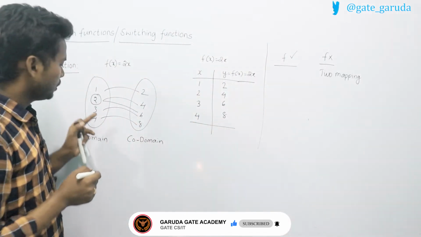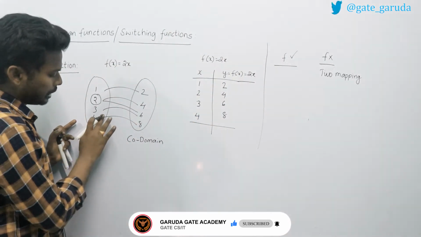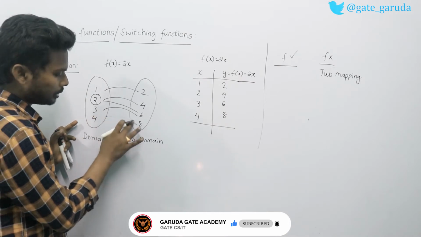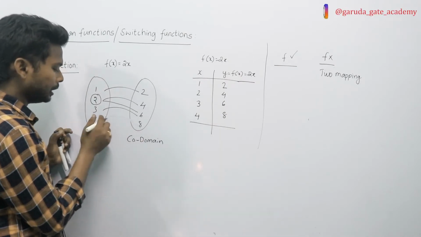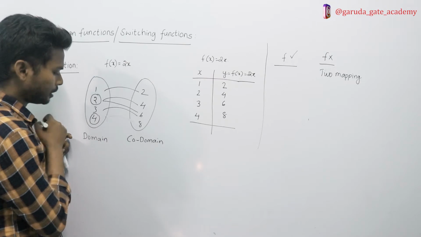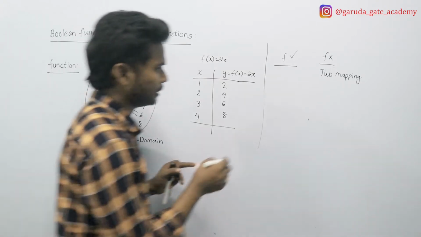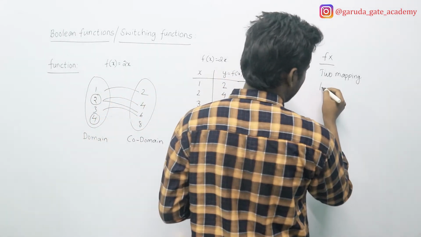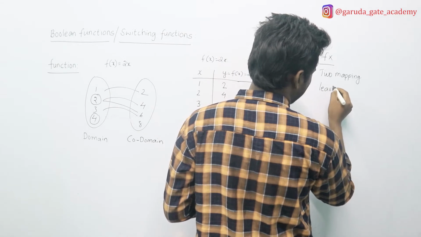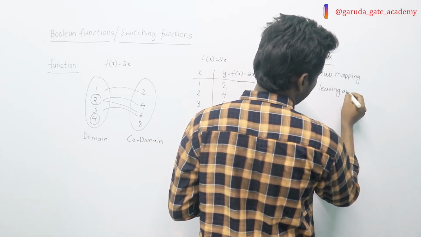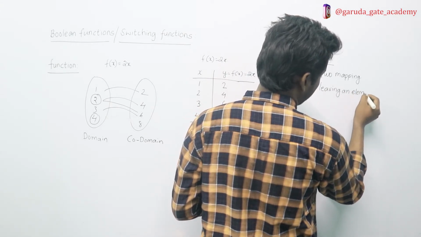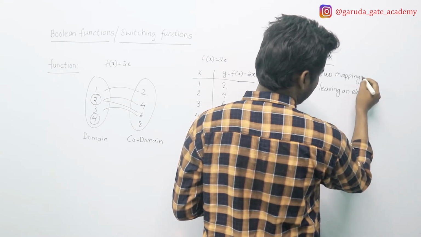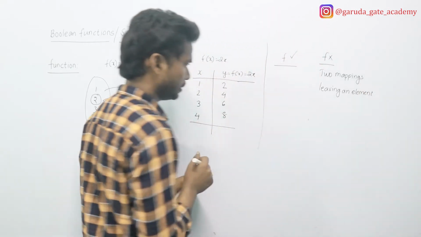Now let us suppose I did not map this element. That means I left out an element in the domain part. Then that will not be a function. Leaving an element without mapping will not be a function.